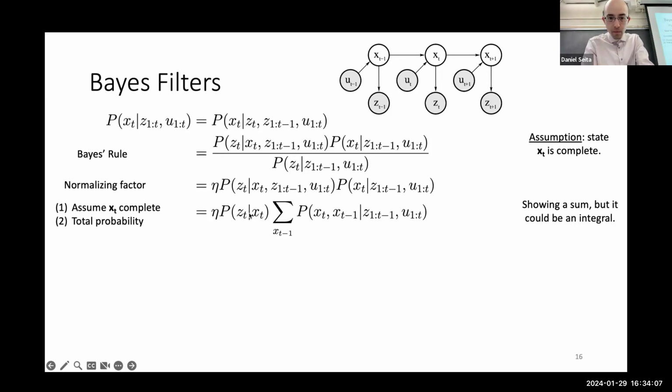So we went from the probability of ZT conditioned on all this stuff, but you can just remove everything that's not XT, right? So you have XT here, sometimes it causes ZT, and by the structure of the Bayes net, or equivalently by the assumption that XT is complete, this thing blocks all the information flow from everything before. So you can convert this into this thing.